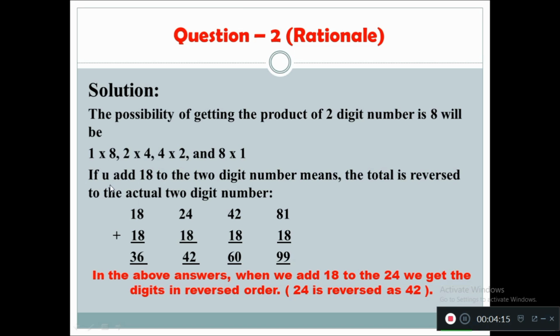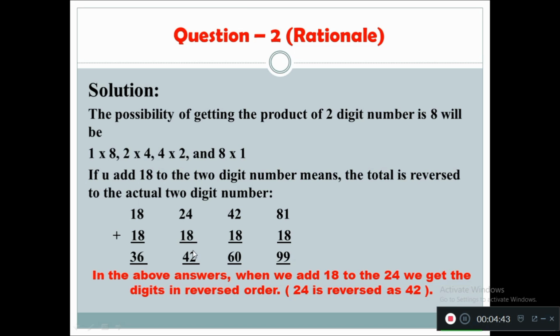Now if we add 18 to the 2-digit number, the total is going to be the reverse of the actual 2-digit number. So according to the question, we add 18 to all the possible 2-digit numbers. 18 plus 18 gives 36, 24 plus 18 gives 42, 42 plus 18 is 60, and 81 plus 18 will be 99.